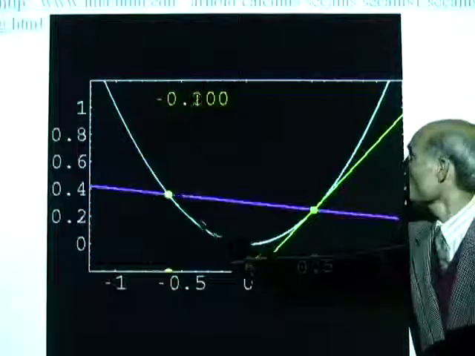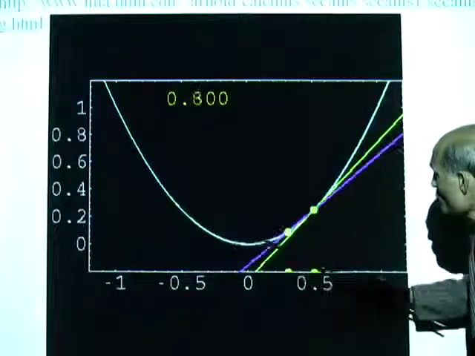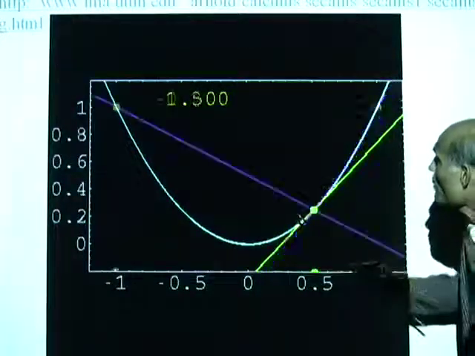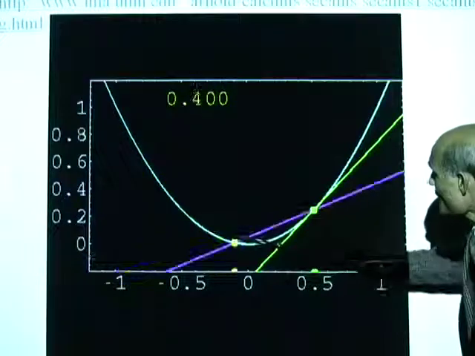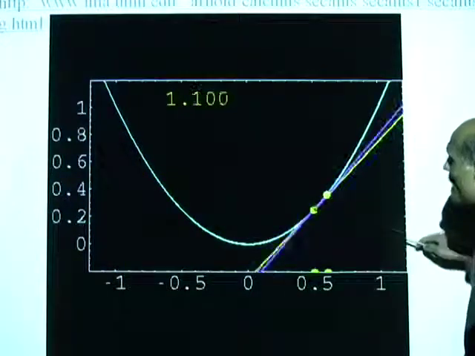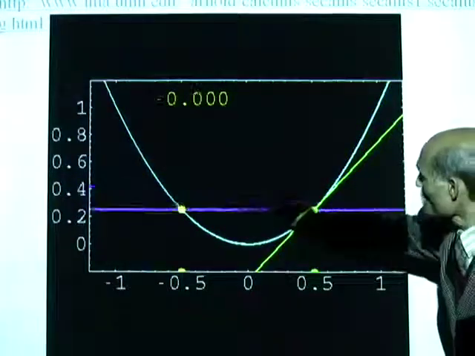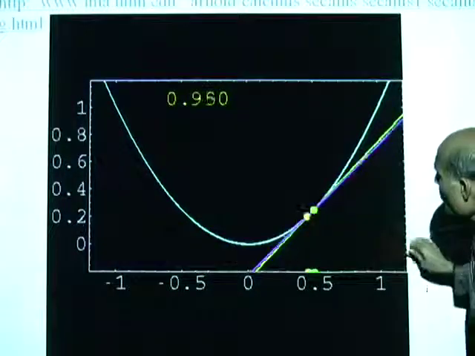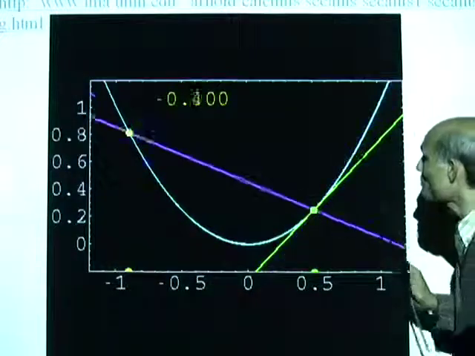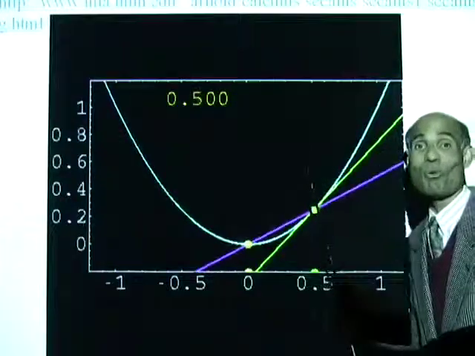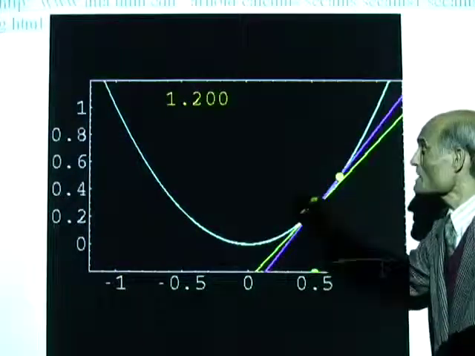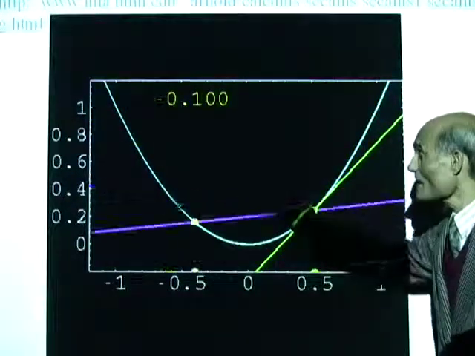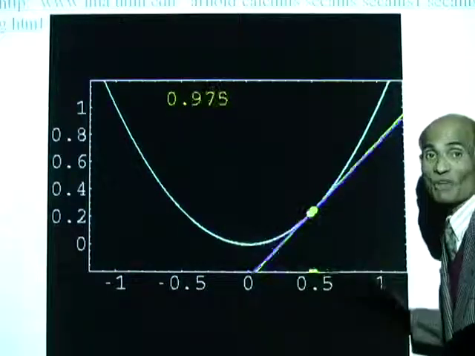Here, you can see delta t gets closer and closer to 0, and the secant line becomes a tangent line. Average velocity in an interval becomes instantaneous velocity at a point. You see that? The slope of the secant line is a measure of the average velocity.